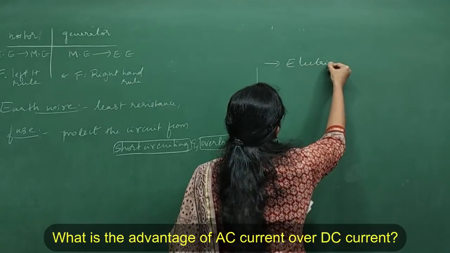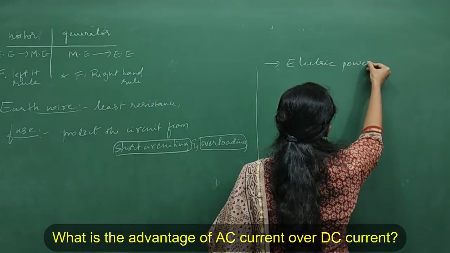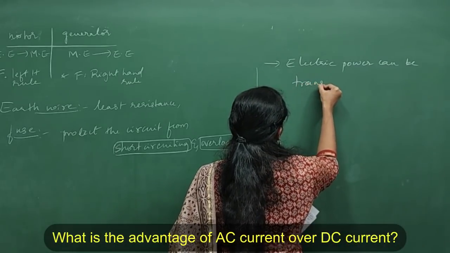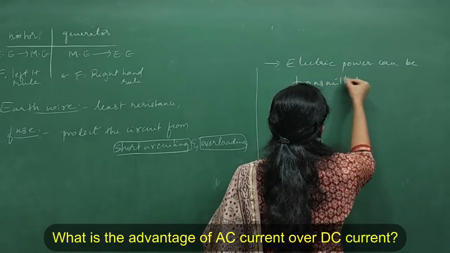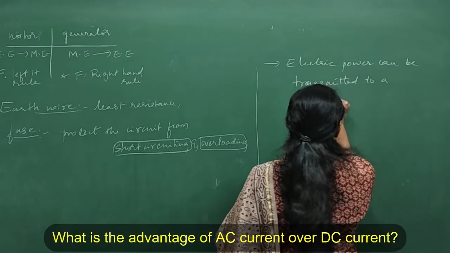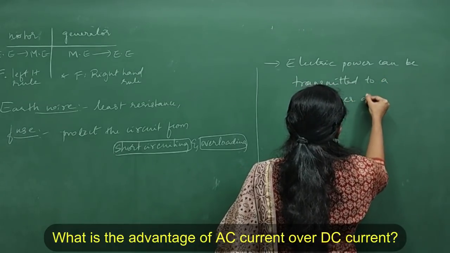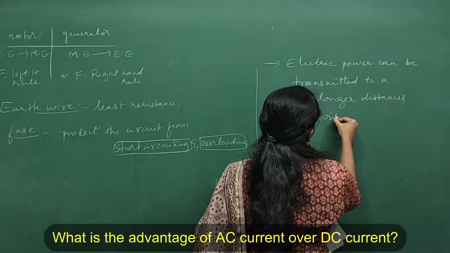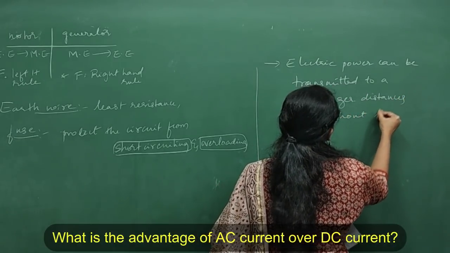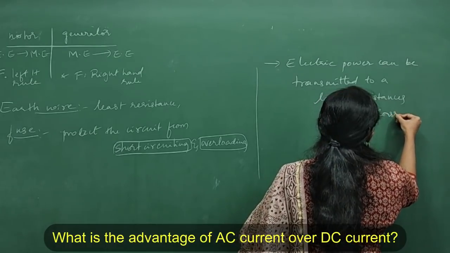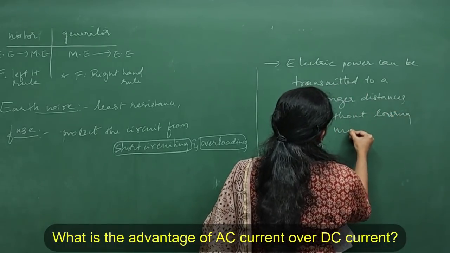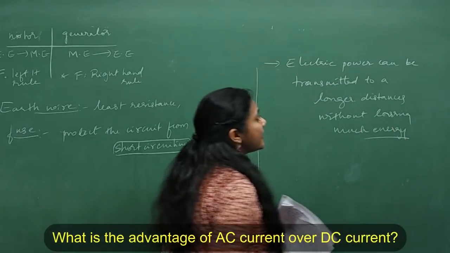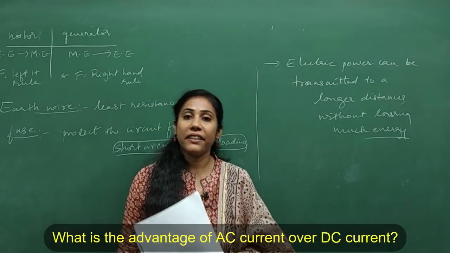Electric power can be transmitted to longer distances without losing much energy. Okay, so this is the advantage of AC current over DC current, right?